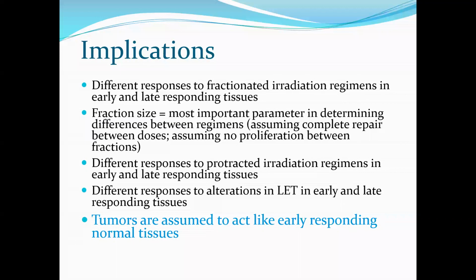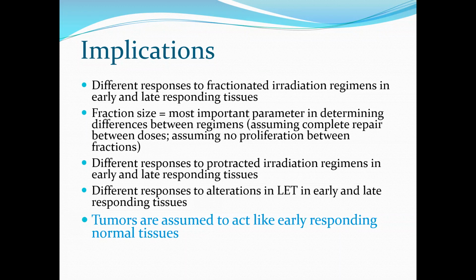What are the implications? Different responses of fractionated radiation regimens in early and late responding tissues. Fraction size is the most important parameter in determining different regimens. Different responses to protracted irradiation regimens in early and late responding tissues. Different responses to alterations in early and late responding tissues.